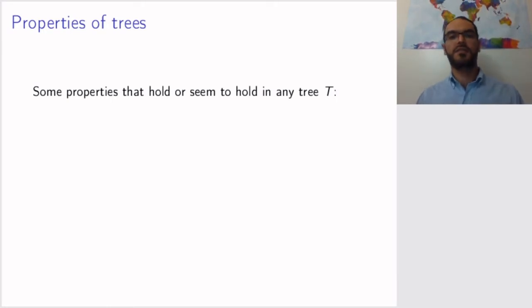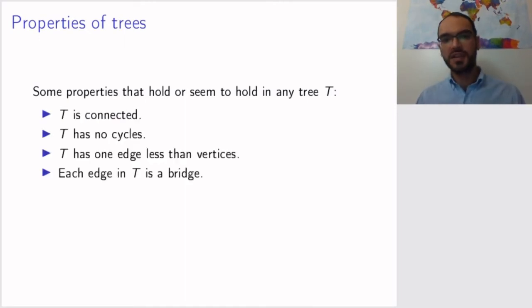So far we have some properties that we have seen hold in trees. By definition, trees are connected and have no cycles. We just proved that the number of edges is just 1 less than the number of vertices.